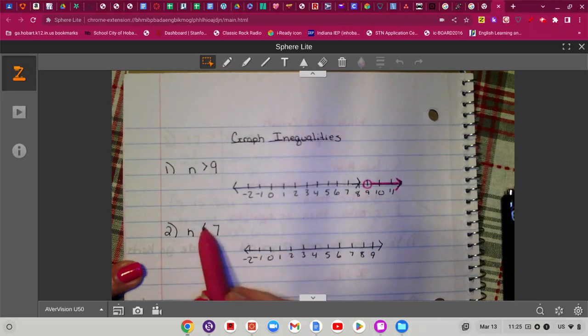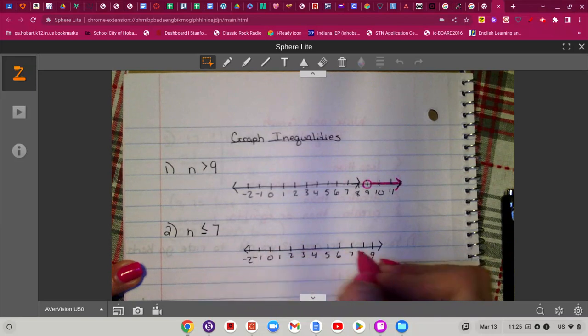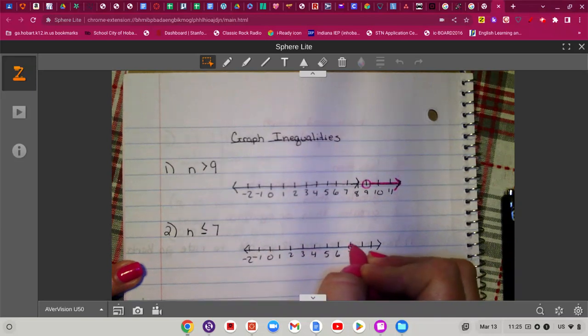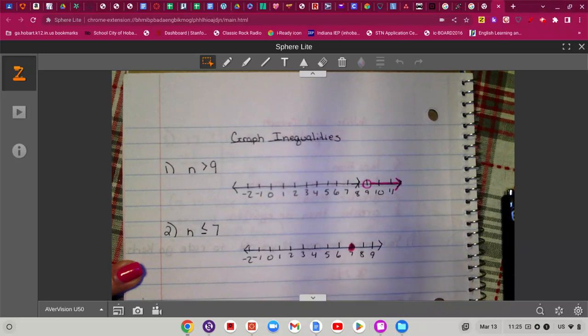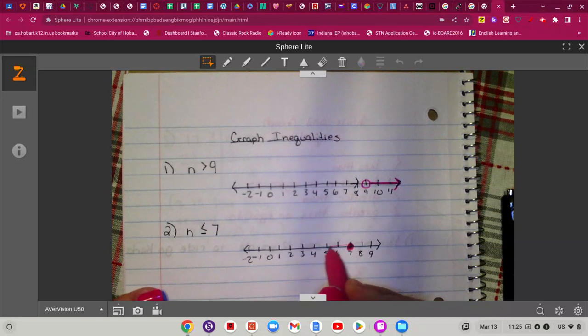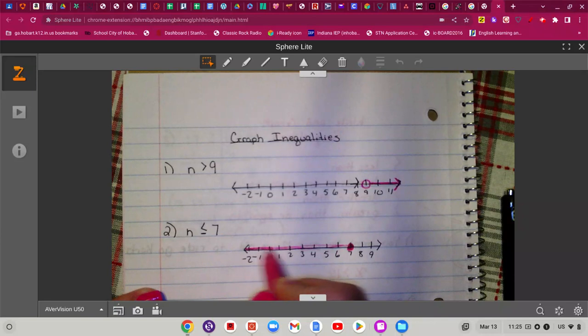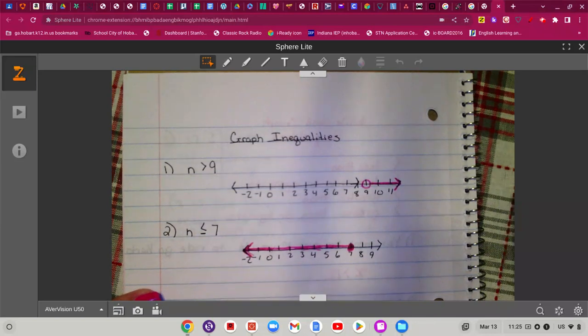So n needs to be less than or equal to 7. So since it can be 7, we are filling in our circle at 7 because it can be 7, but it has to be less than or equal to 7. So less than is going to be all these numbers over here. So we would shade all of this in here. Okay.